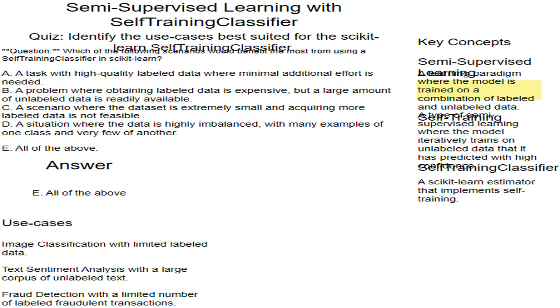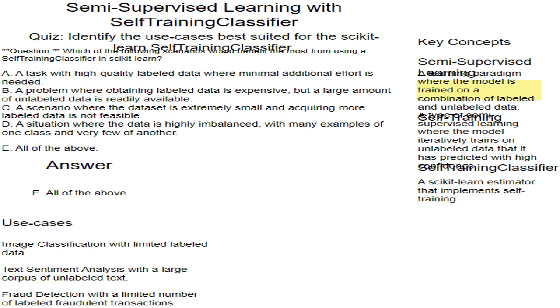A learning paradigm where the model is trained on a combination of labeled and unlabeled data. In image classification, using a limited set of labeled images and a large set of unlabeled images for training. This approach can be effective in scenarios where obtaining labels for all images is expensive or time-consuming.